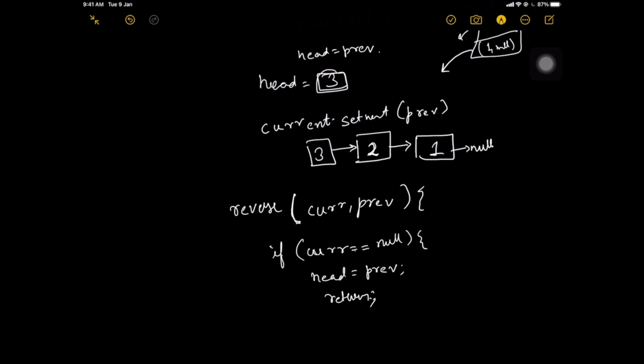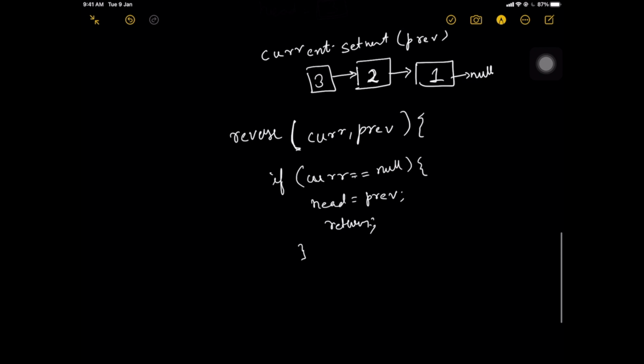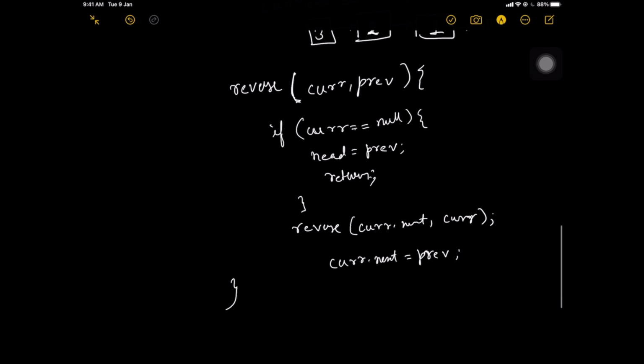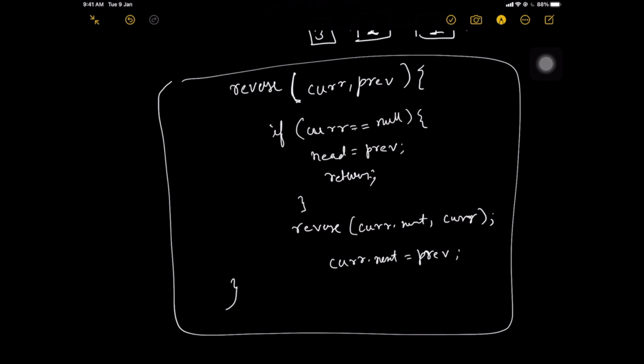That's the base condition for us. And as usual, we recur till the end. So in order to reach the end, we move to next and previous as current. Then while coming back, we just do current dot next is equal to previous. This simple implementation is the linked list reversal implementation using recursion.